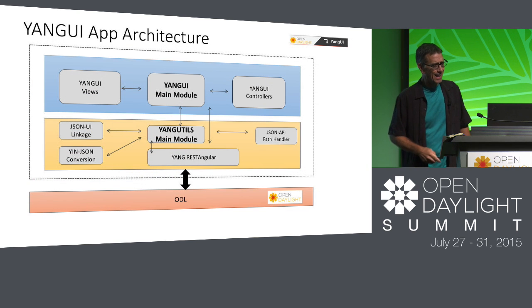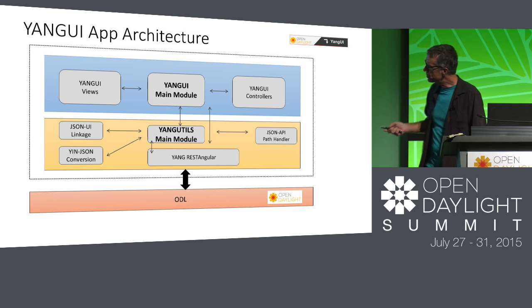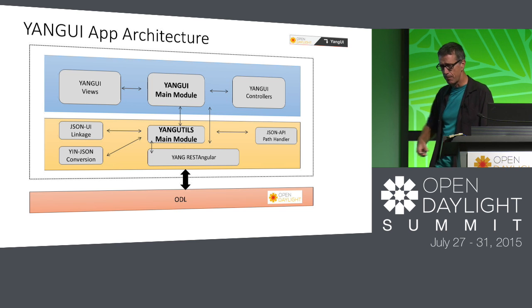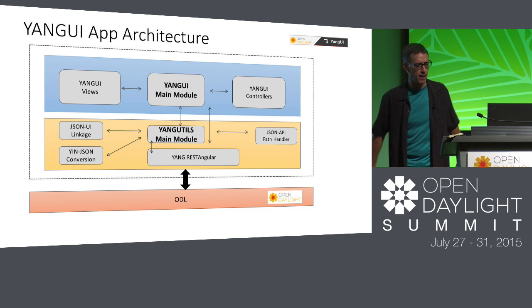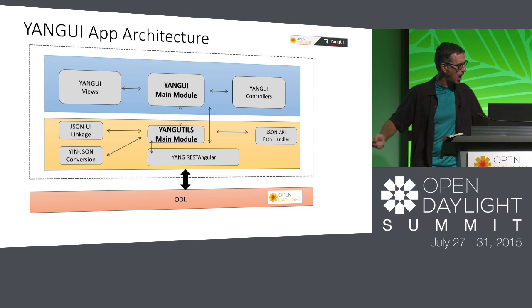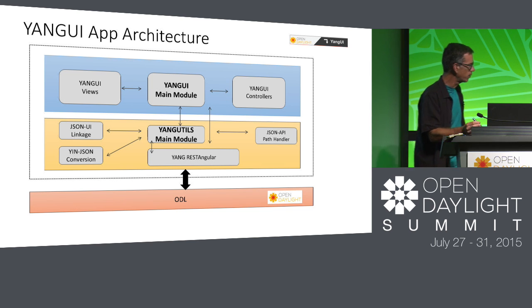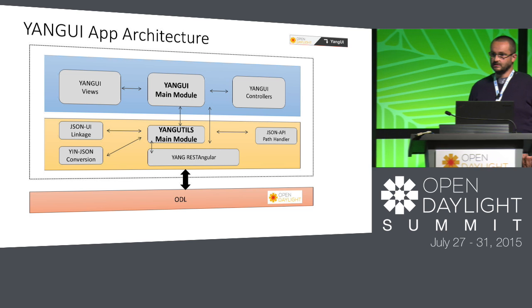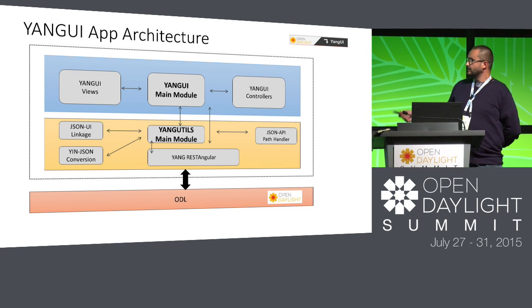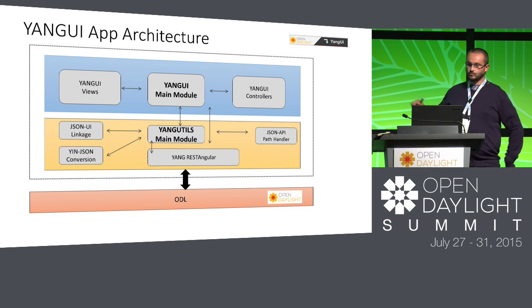So at a high level, the components, and in my mind, being an apps guy, I've got the front-end user interface. Here's the back-end logic. Daniel, why don't you take us through at a high level some of these functions? Yeah. The Yang UI application itself is just two basic modules.